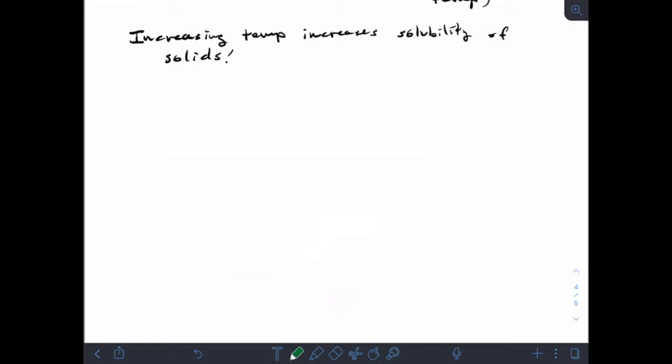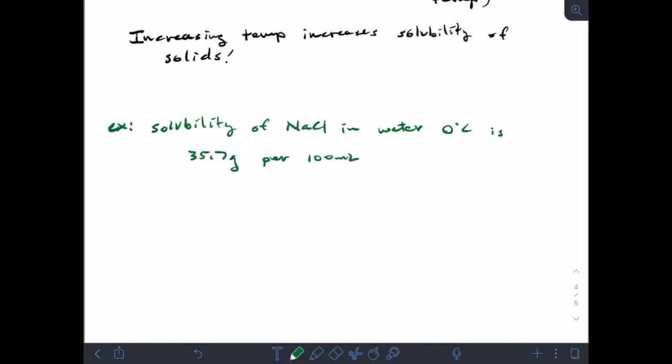So, for example, let's talk about solubility of sodium chloride. For example, solubility of sodium chloride in water at 0 degrees Celsius is 35.7 grams per 100 milliliters of water.